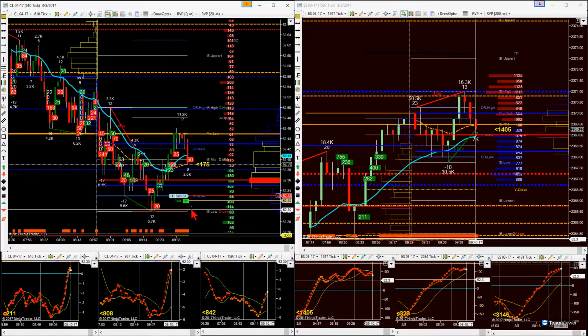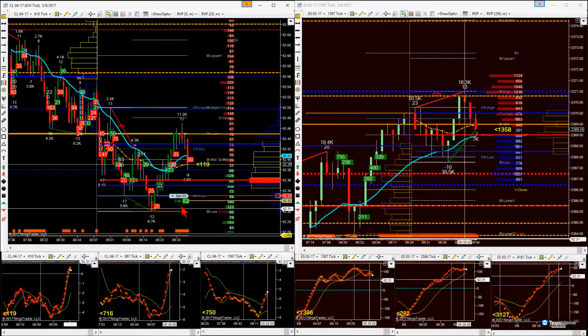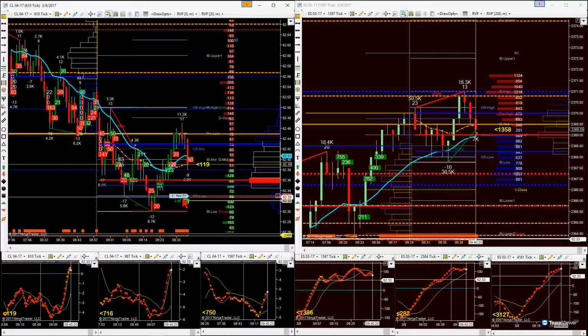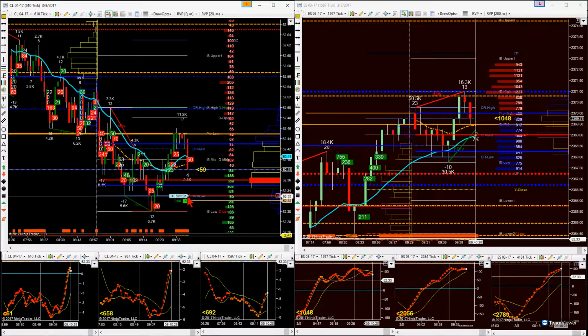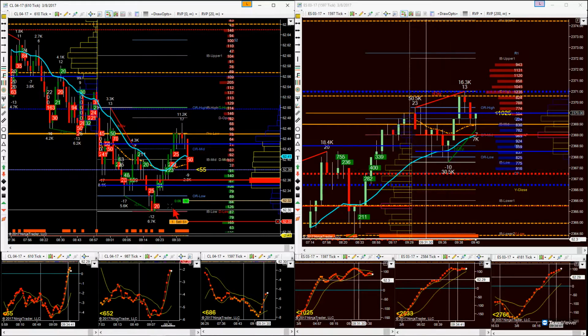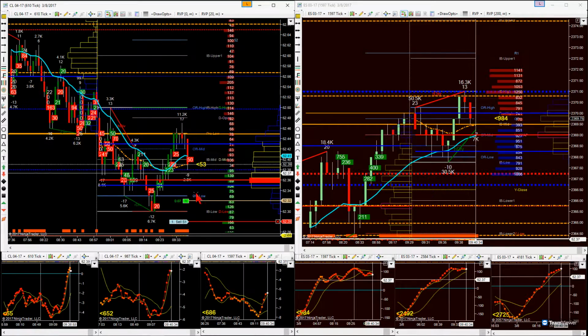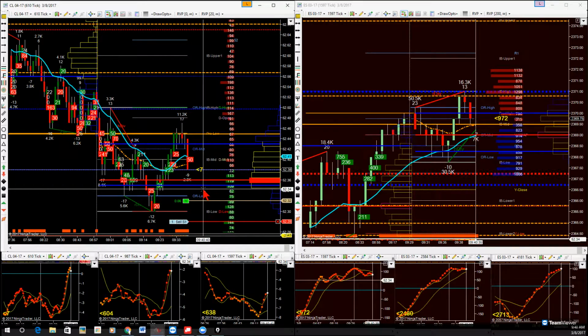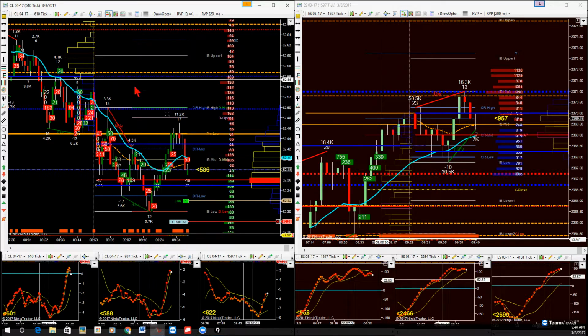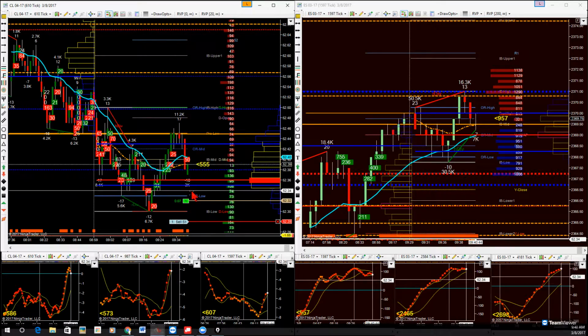Now, mind you, we still have positive divergence off of the low here. So I'm not crazy about having my stop here at break even. In fact, I'm going to move this stop down below the current low of day, because right now, if we were to push down here and the BBs continue to show positive divergence, I'd be more interested in taking a long there than in taking a short here.